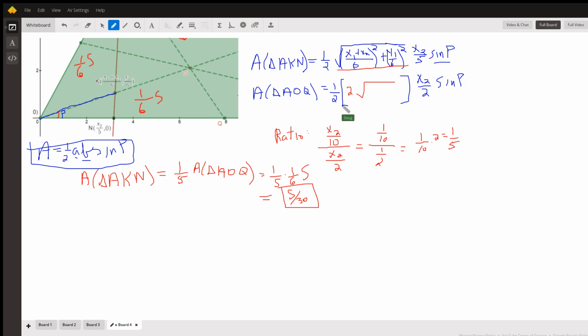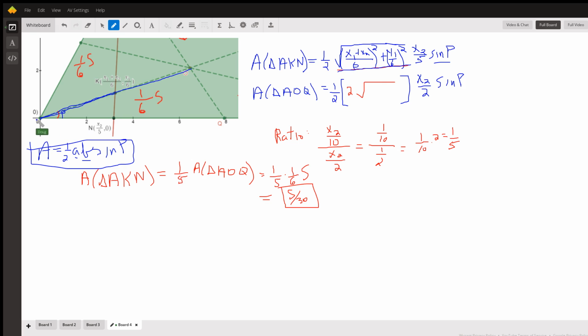And the area of triangle AOQ is 1/2 times the distance from A to O, which is twice the distance from A to K. So it's just twice this red underlined thing, which I just wrote a radical there.